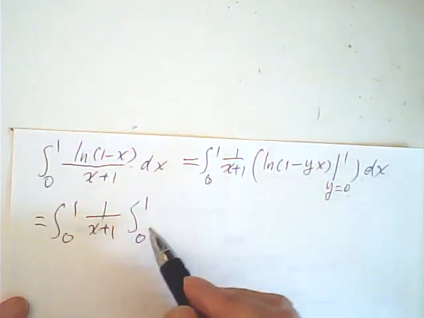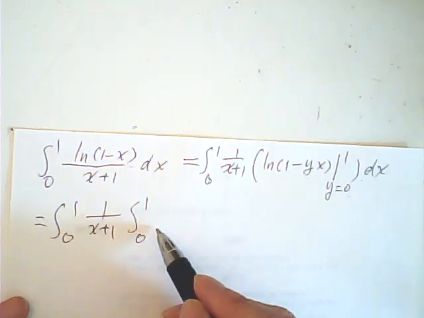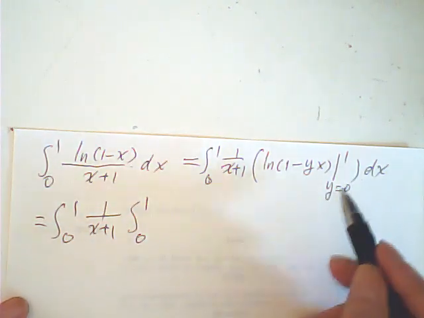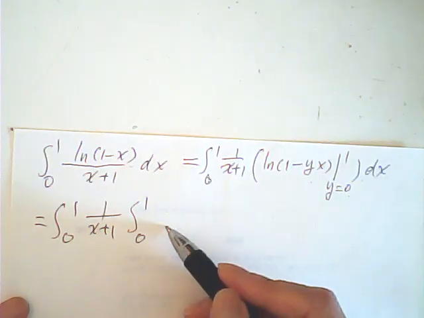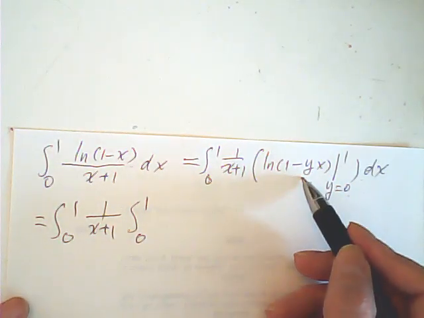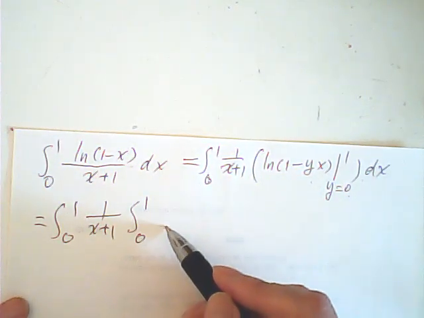From 0 to 1, the integral function is the derivative of that, because this is the antiderivative of that integral function.